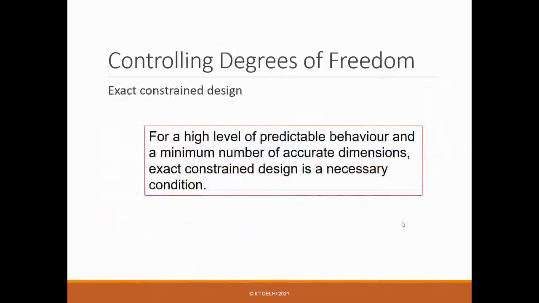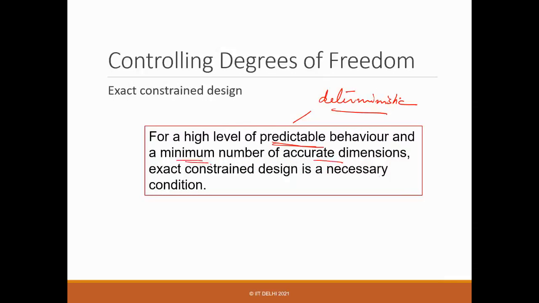So when we talk about exact constraint design, what we are claiming is a high level of predictable behavior. Predictable means deterministic. Predictable behavior, deterministic behavior, and a minimum number of accurate dimensions.